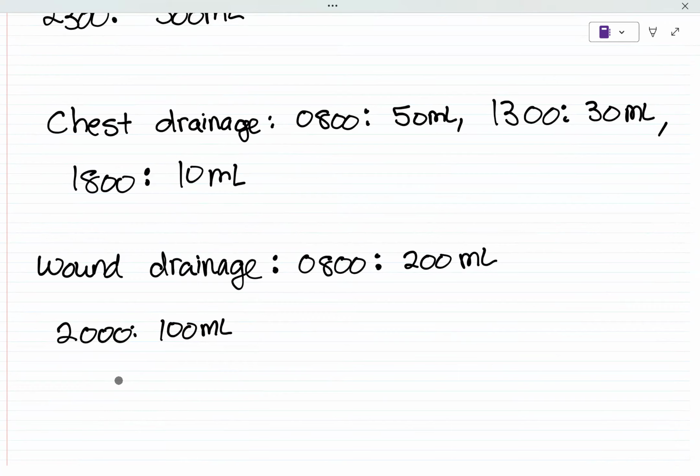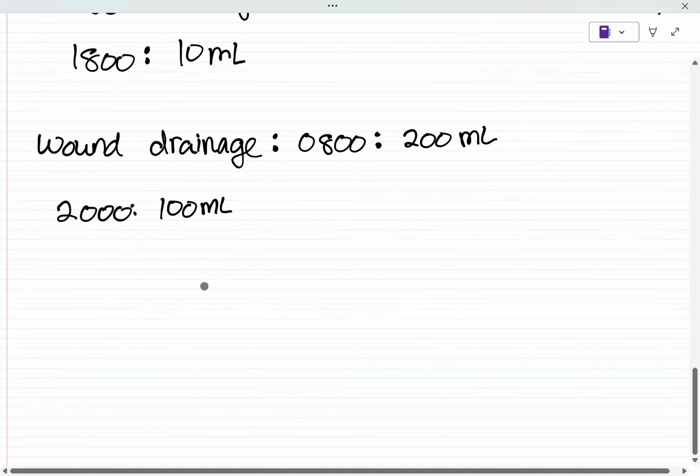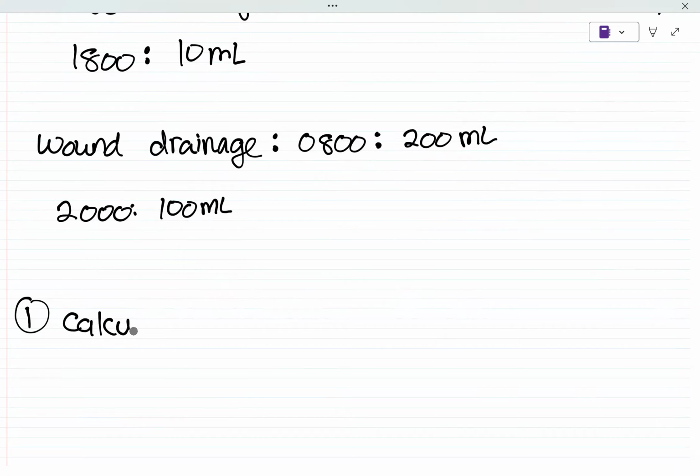First, I'm going to calculate the oral, so all the fluids, all the liquids. That's how much he took in. If you recall, for breakfast he had 8 ounces of coffee, so that's a liquid.